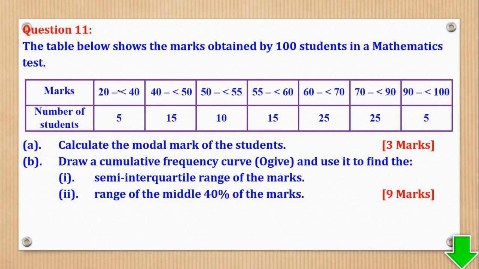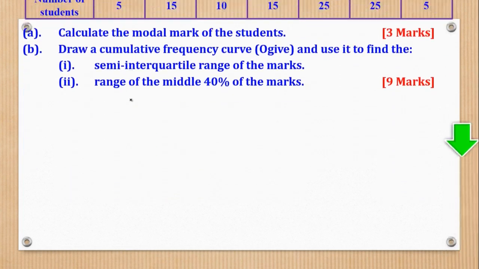Okay, so this is now grouped data, and each time you see inequalities, it means that the class is the same as the class boundary. So what we do, the first thing to do is to tabulate. We shall tabulate and the marks we shall put.